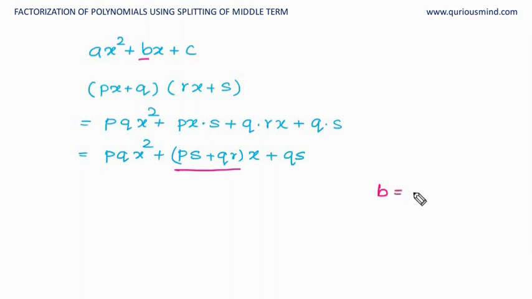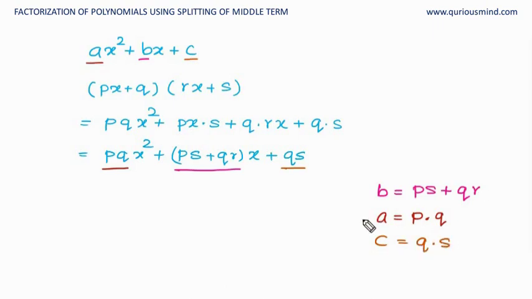So b is equal to ps plus qr, and we look here, a is equal to pr, and if we compare with c, c is equal to q into s.